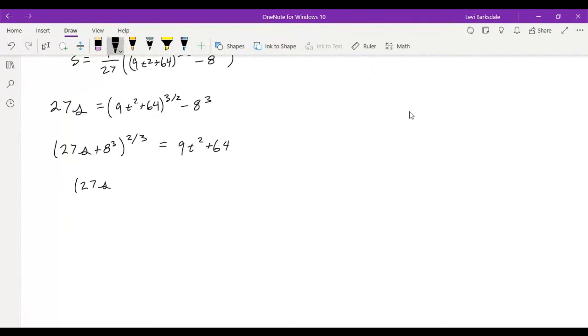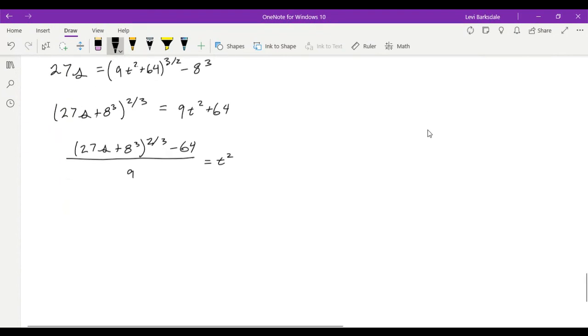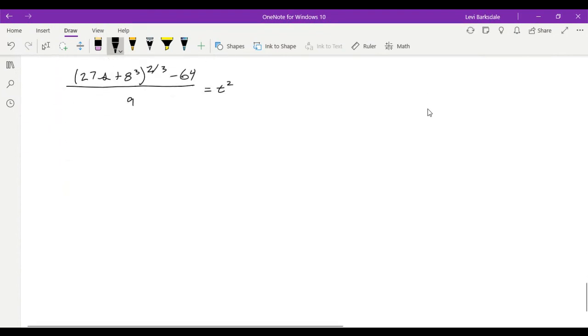We get 27s plus 8 cubed to the 2/3 minus 64 all over 9 is equal to t squared. Next, take the square root of each side. We get t is equal to the square root of 27s plus 8 cubed to the 2/3 minus 64 all over 9.